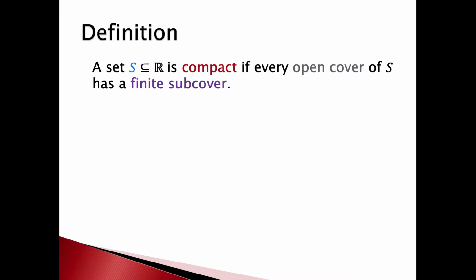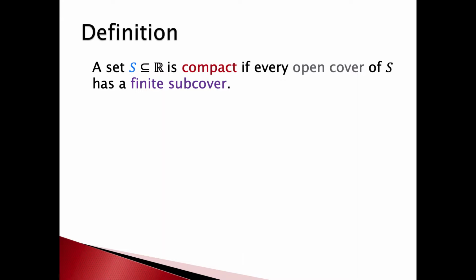That's a really cool thing because it means that we can go from working with a whole bunch, maybe infinitely many open sets, to working with only finitely many of them. That's really, really powerful. Compact sets are super important, and we will see why as we go through the next several lectures.